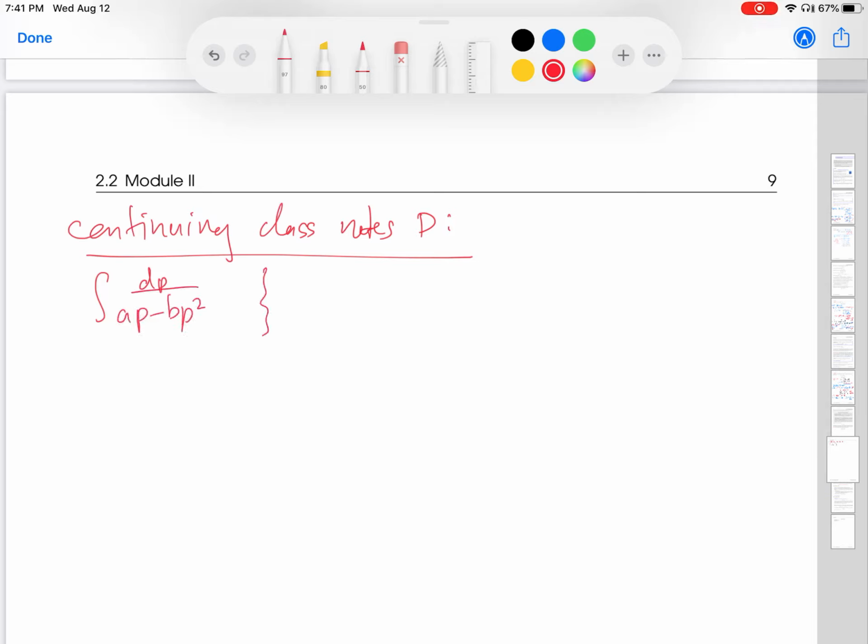So we're going to do the same partial fractions approach here. We will try to break up this AP minus BP squared. And let's see how we can do that. So the denominator, I can factor out a P and I get P times (A minus BP). And similar to what we did before, I'm going to put each one of these linear factors in the denominator in its own fraction.